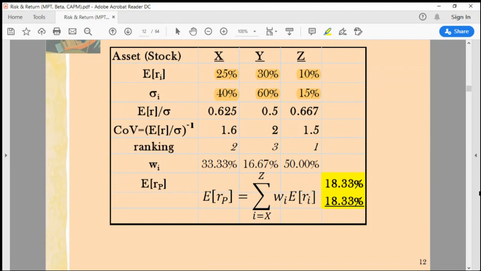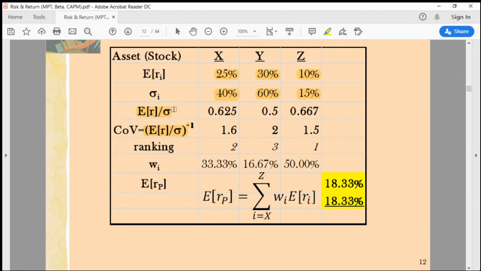So what do you do? Well, then you will have to come up with some smart solution. And the smart solution is the return risk ratio or mean variance ratio. What is the mean variance ratio? Mean variance is also called the return risk ratio. This is the mean, right? Expected return is the mean.